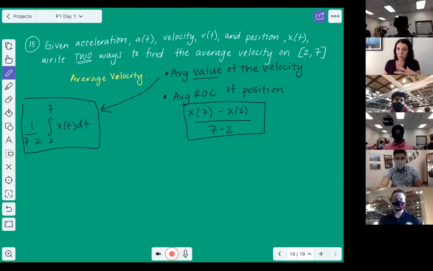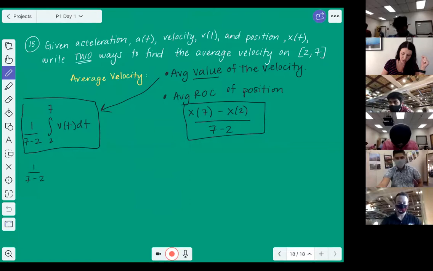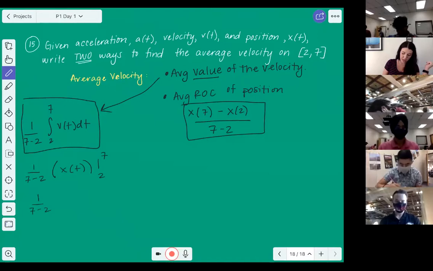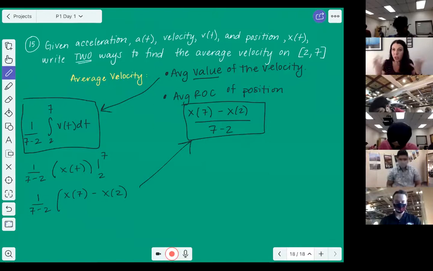So if I take the antiderivative of v of t, what I end up with is still this 1 over 7 minus 2, and we end up with x of t, that's our position function, from 2 to 7. Right? The antiderivative of velocity is position. If I were to plug in the 7 and the 2, I would get 1 over 7 minus 2 times x of 7 minus x of 2. Well, that's exactly equal to this. Those two things are exactly equal to one another.